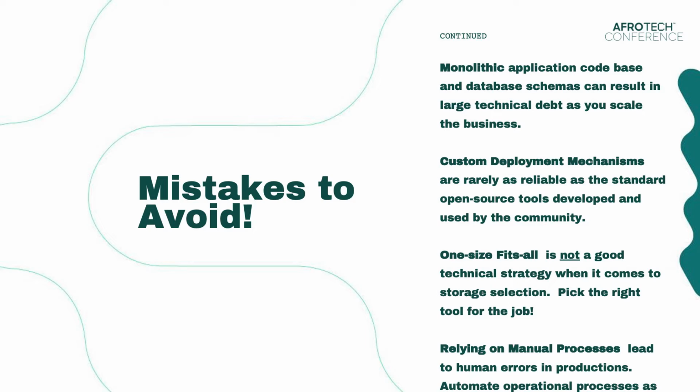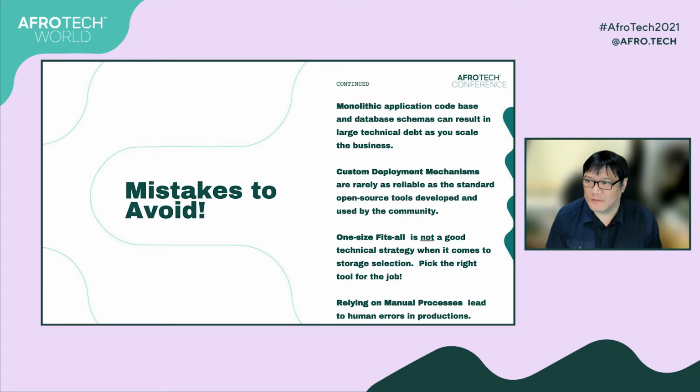So, okay, what are some of the mistakes that I wanted to point out? First of all, monolithic applications in this day and age become really hard to manage, because if you have a 1,000,000-line code base that is being released at the same time, all the teams that are interacting with the code base have to coordinate with the rest of the development team before they can ship, right?